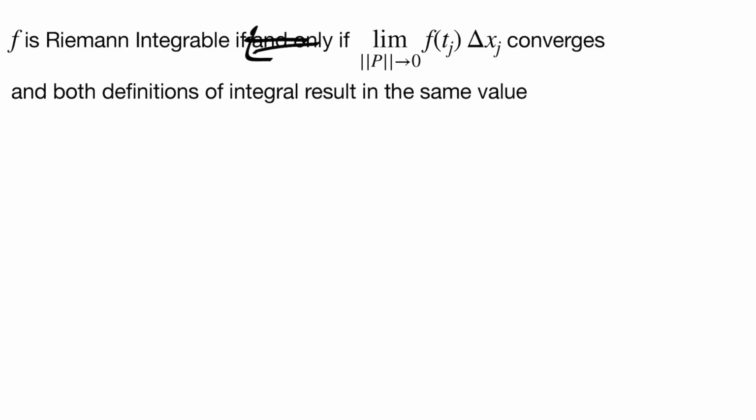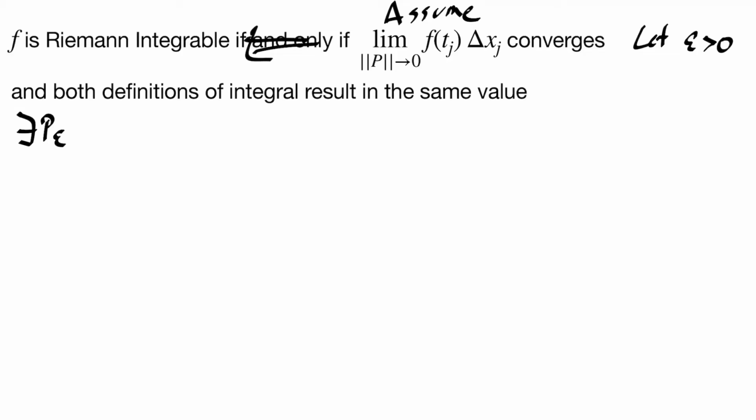Okay, so let's do the backwards implication, and let's assume that limit converges. Assume, and here I'll be even lazier than normal, that limit converges, and then say, well, what does that mean? And then I'm also going to let epsilon be greater than 0.